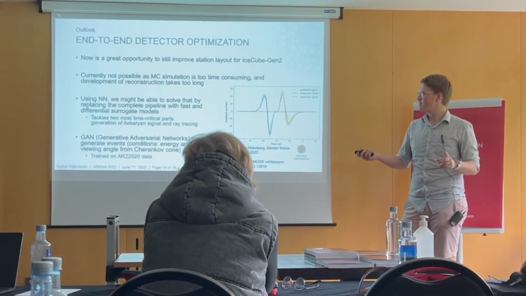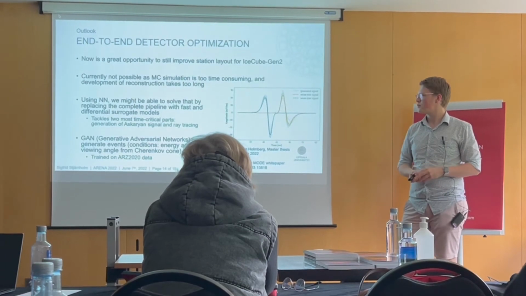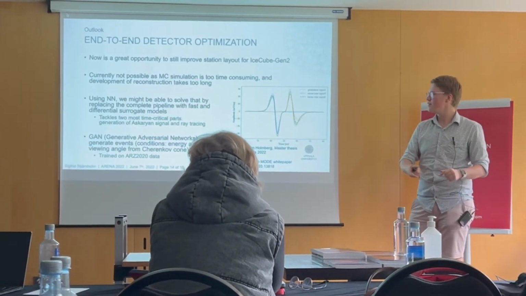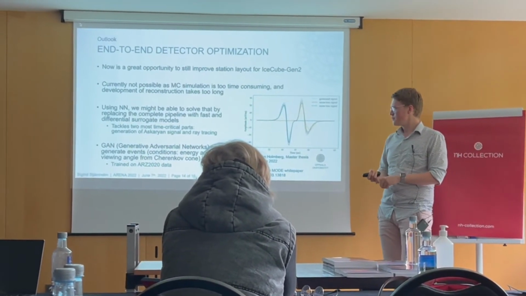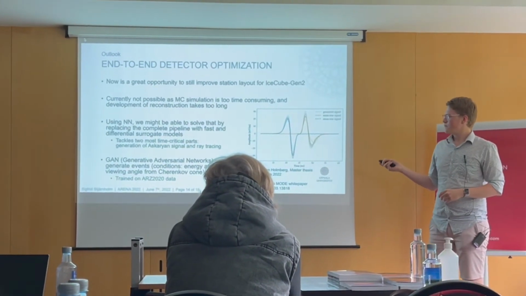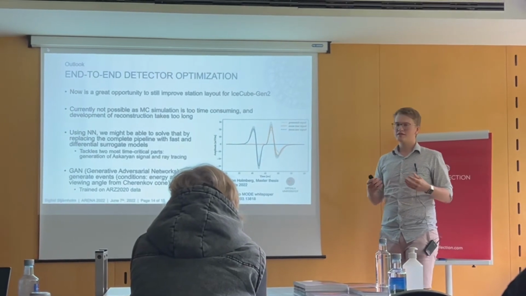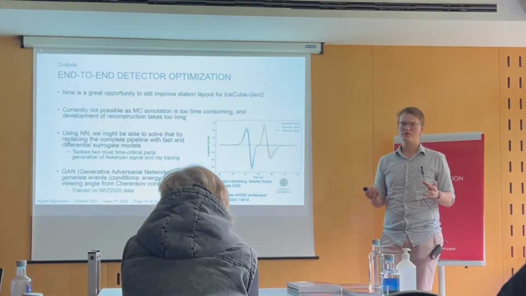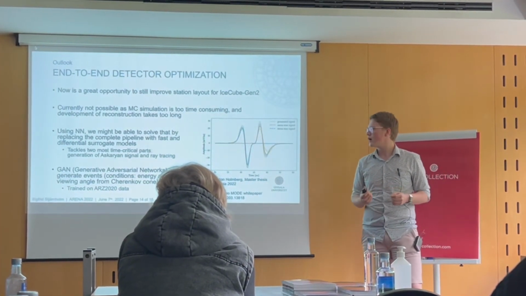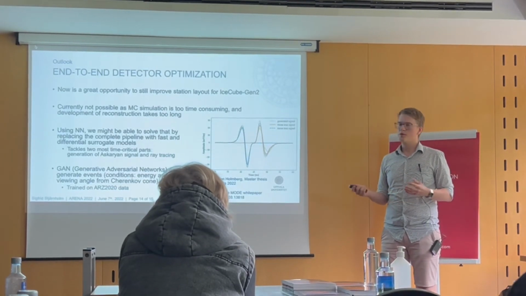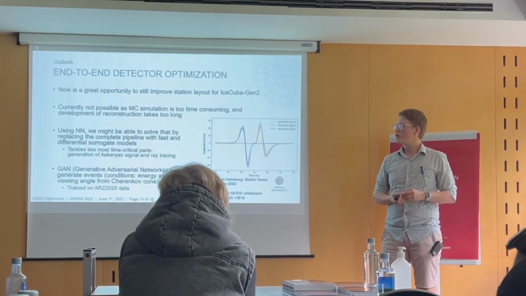This tackles the two most time-critical parts: the generation of the Askaryan signal and the ray tracing. We use GANs for this, generative adversarial networks, and these can generate events based on some conditions like the energy and the viewing angle from the Cherenkov cone. And we train this, for example, on ARIANNA 2020 data.